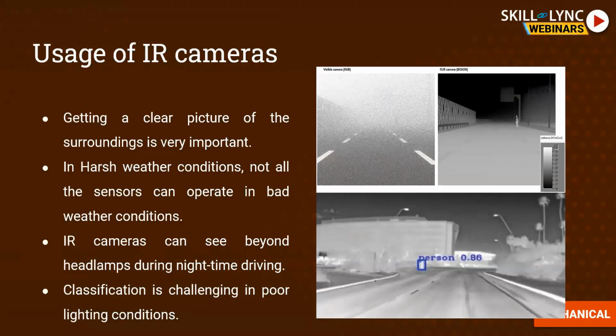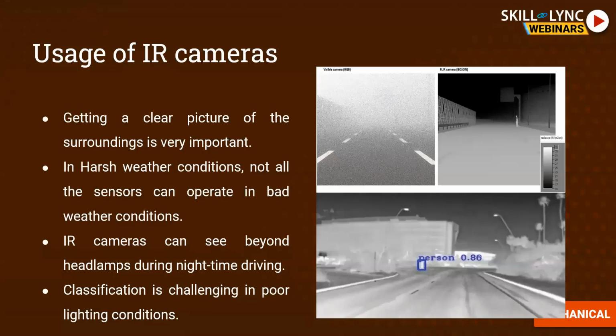So it is really important for engineers and researchers to let the car know a clear picture of the surroundings. Once we have a clear picture of the surroundings, the perception task is done, and then comes the controlling task, which is handled later.